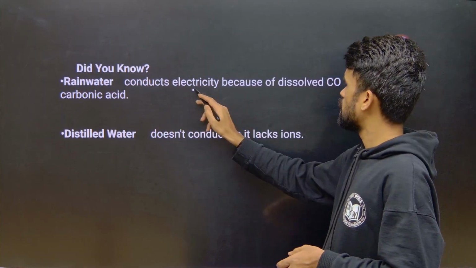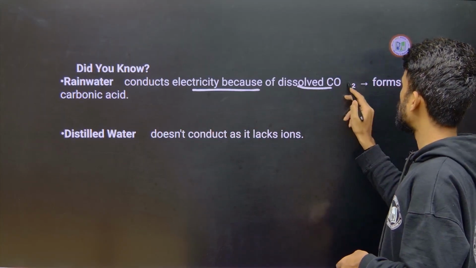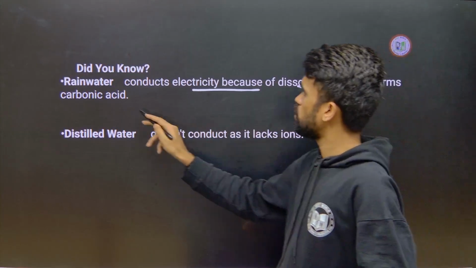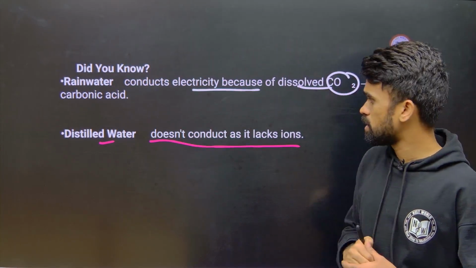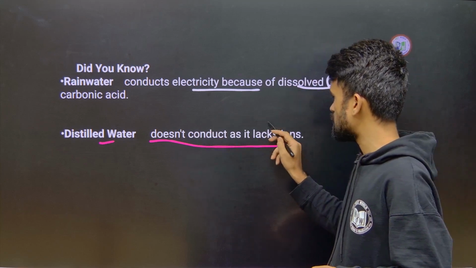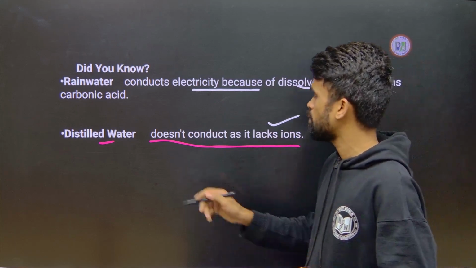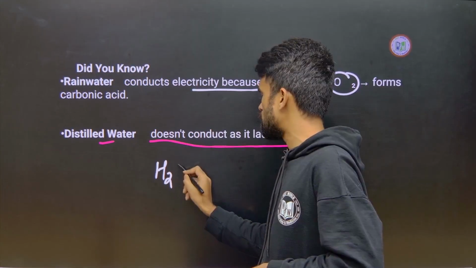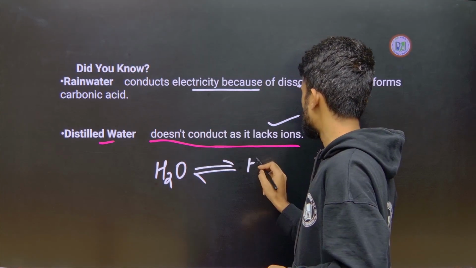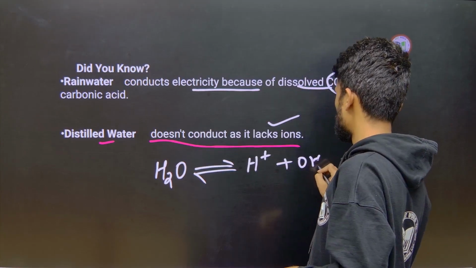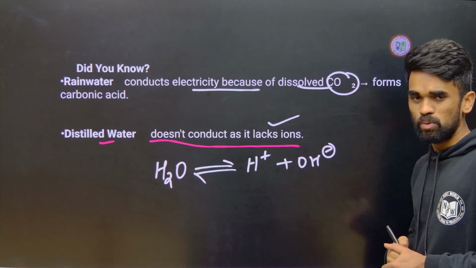Do you know why rainwater conducts electricity because dissolved CO2 forms carbonic acid, whereas distilled water does not conduct as it lacks ions? Pure water is a very weak electrolyte; it dissociates into H plus and OH minus, but it is a very poor conductor.